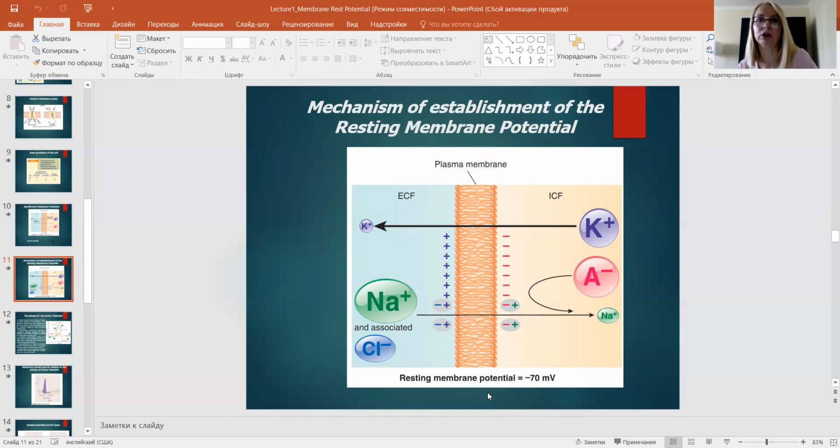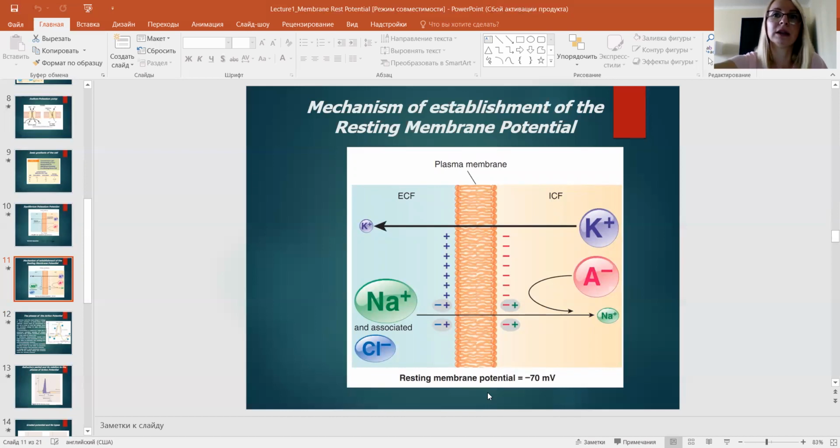The major ionic influence on the resting membrane potential is due to the movement of potassium through the leak channels. Other ions, such as sodium, have only a minor influence on the resting membrane potential because there are relatively few leak channels for them.